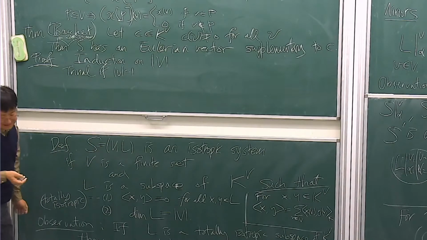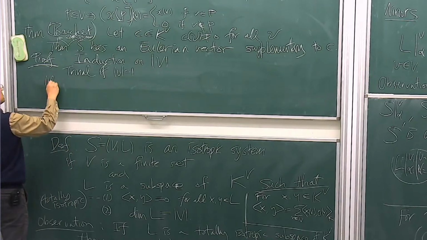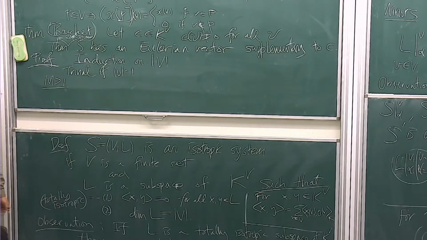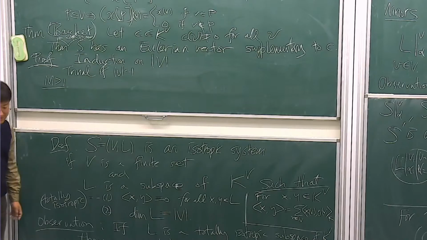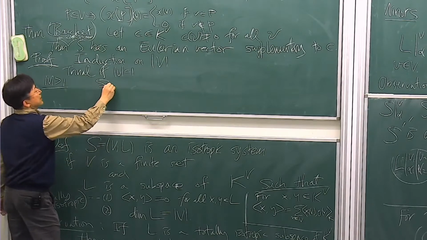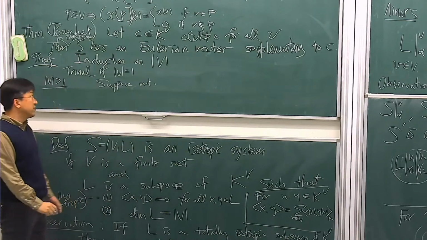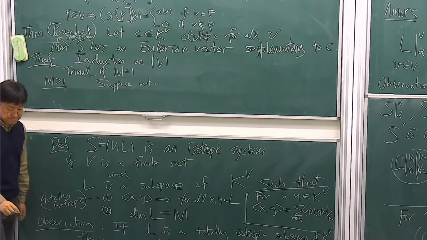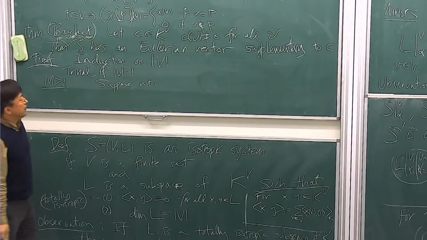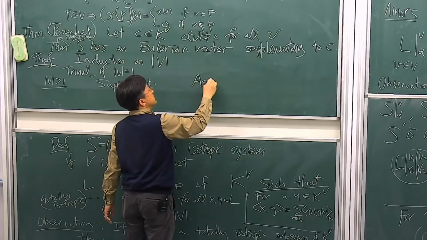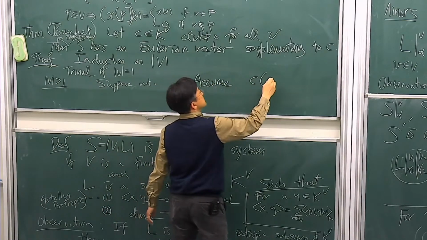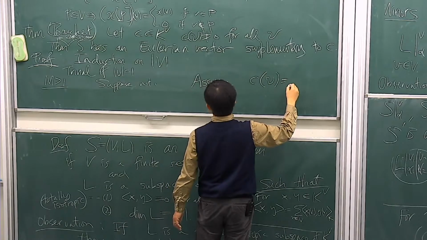So that's trivial. Now we assume that V has more than one element. Suppose not. That means there's no Eulerian vector supplementary to C. And let's assume by symmetry that C of V is gamma.